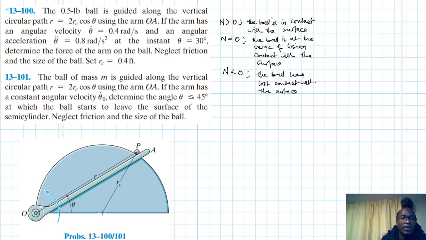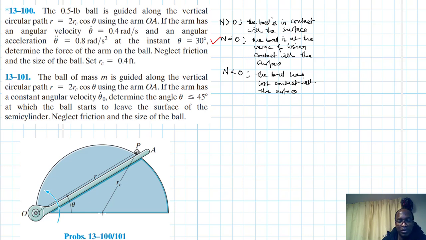The question here is to determine the angle at which the ball starts to leave the surface. So it is at the verge, and we are dealing with condition number 2. Therefore, we want to find the equations that govern the angle at which the ball starts to leave the surface.